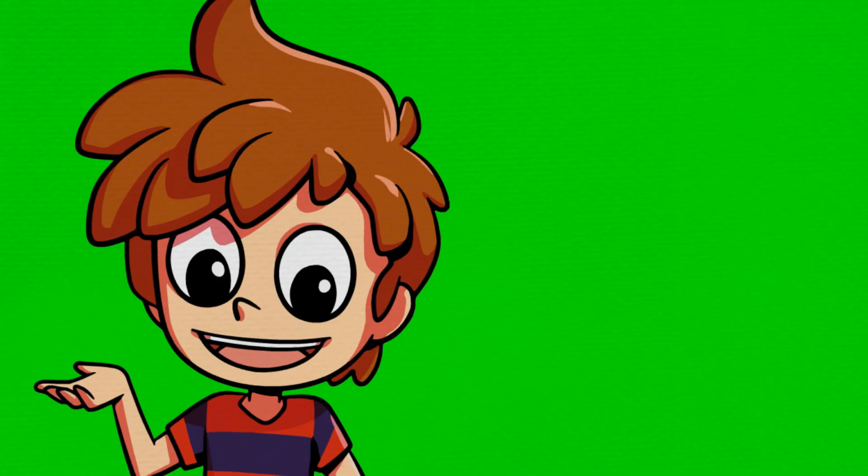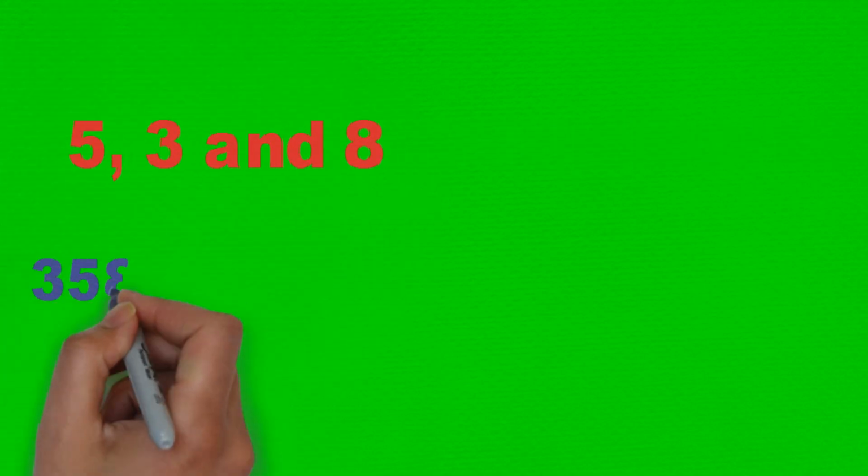"So Min," added Max, "can you tell me the 6 numbers we can make with the digits 5, 3, and 8?" "Sure," answered Min. "If we put the smallest digits in the hundreds and tens positions, that is 358, we get the smallest number.